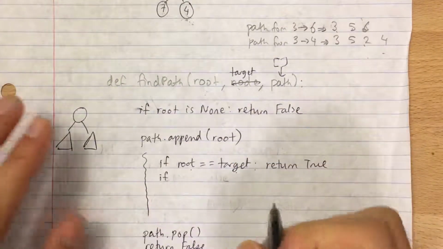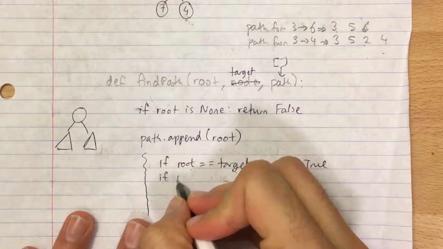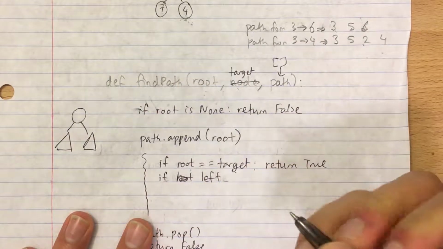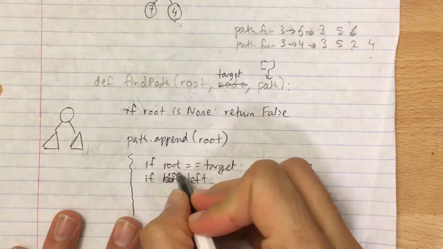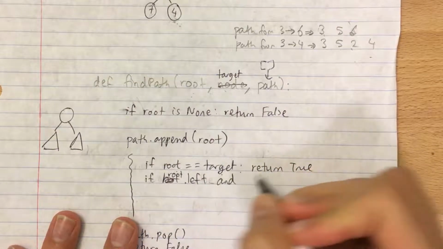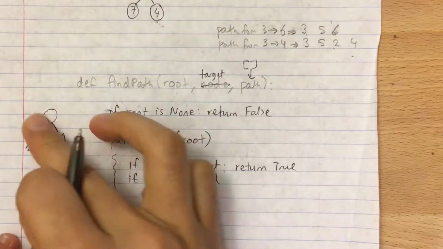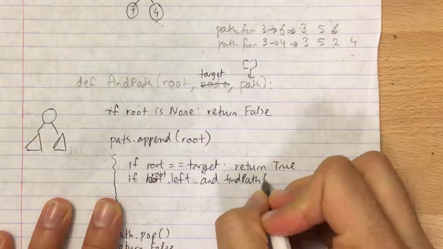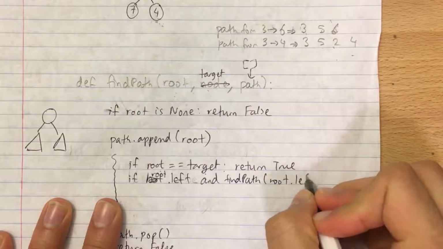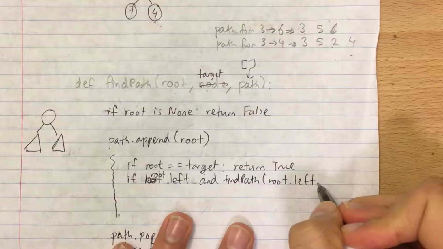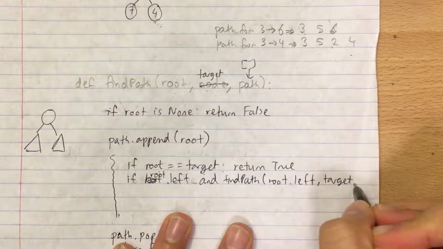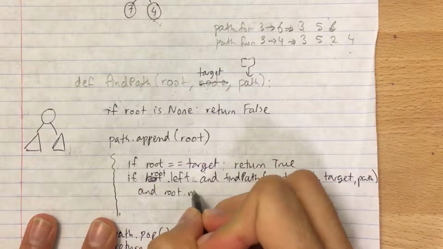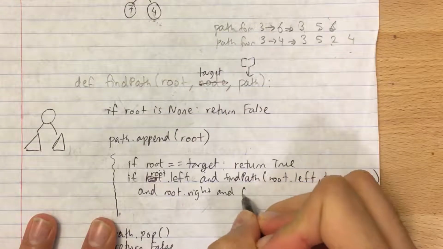So we also say, if the left exists, so if root.left exists and the value occurs within the left subtree, that's the recursive call here: find path on root.left, target, path, or the same logic with the right subtree, find path on root.right.